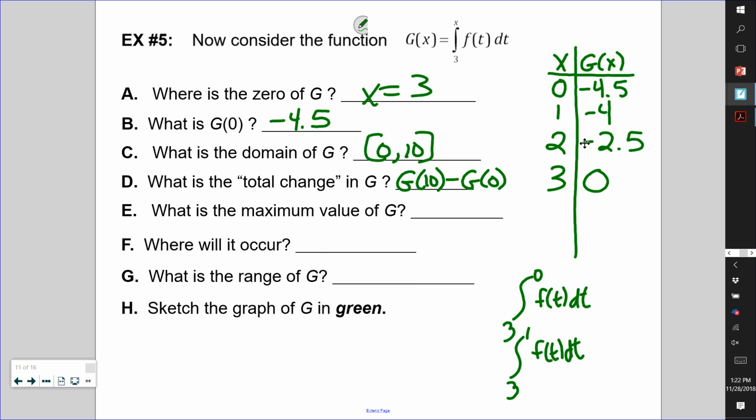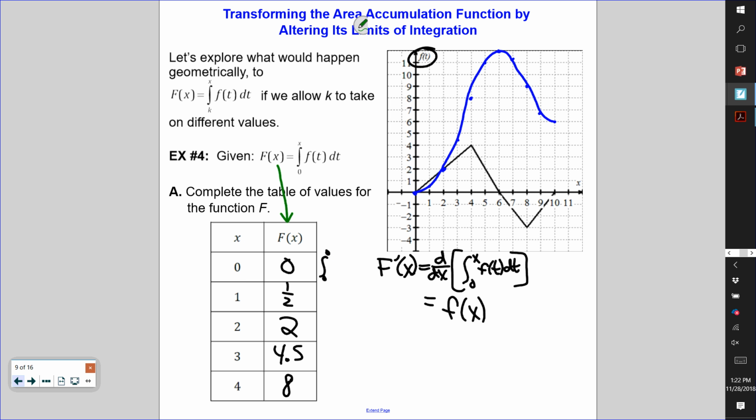So G of 10 would mean, when I go up to, this one's kind of weird to do, because I have to know what's going on over here, which is negative, and then add whatever happens here. So it's kind of a weird way to look at it. So what are you going to get? Well, if we go from 3 to 10?